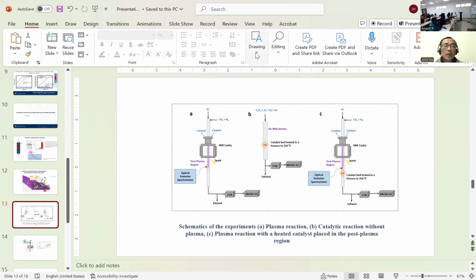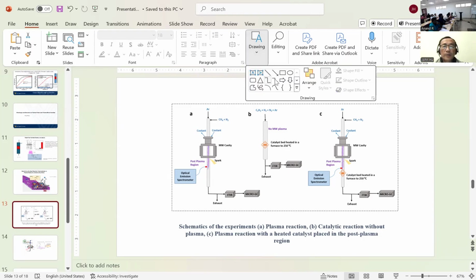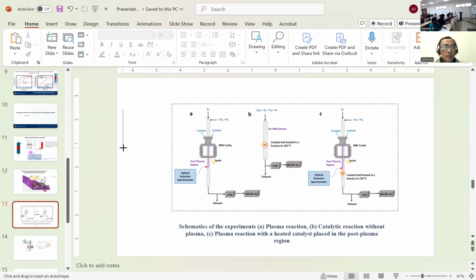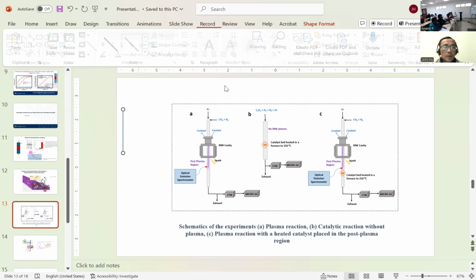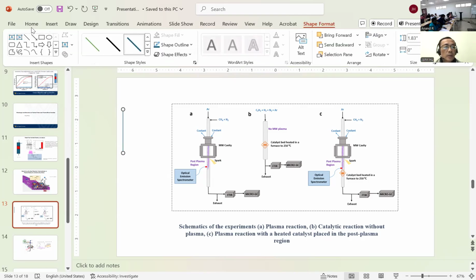Remember, I keep reminding you about the activation energy.